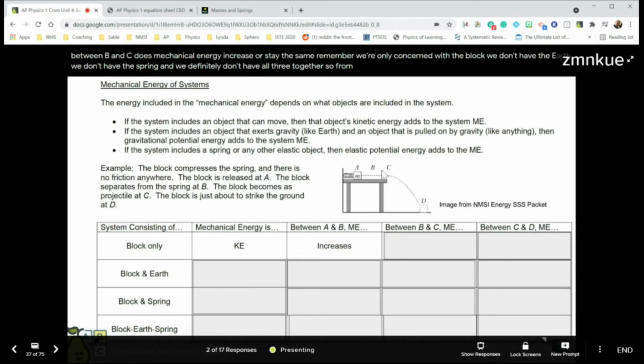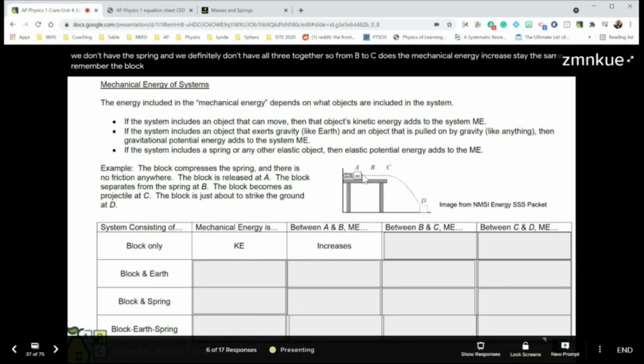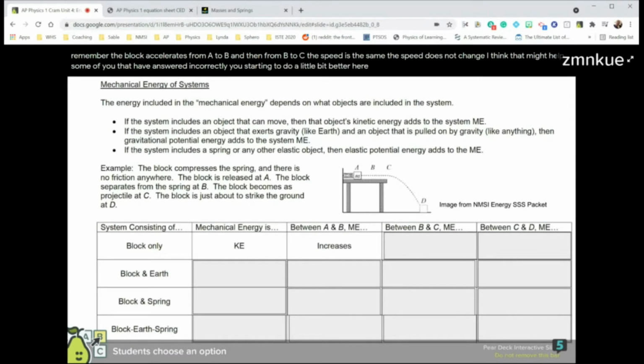Remember, the block accelerates from A to B, and then from B to C the speed is the same. The speed does not change. I think that might help some of you who answered incorrectly. You're starting to do a little better here.